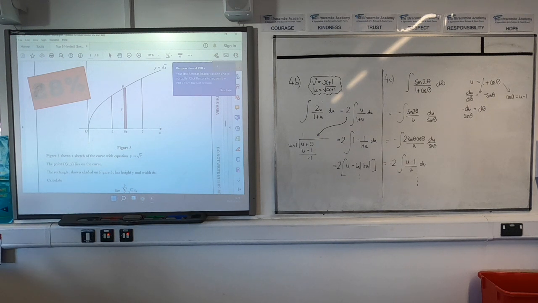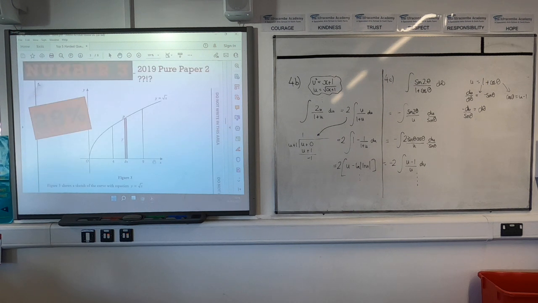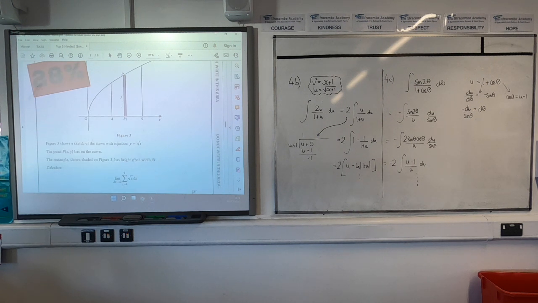You've got a function that we know, the square root of x, and they sketched it for us, and they've done this funny thing with a strip somewhere between 4 and 9, and there's all sorts of guff going on, and then they ask, what is the limit as the thickness of the rectangle gets smaller of this?